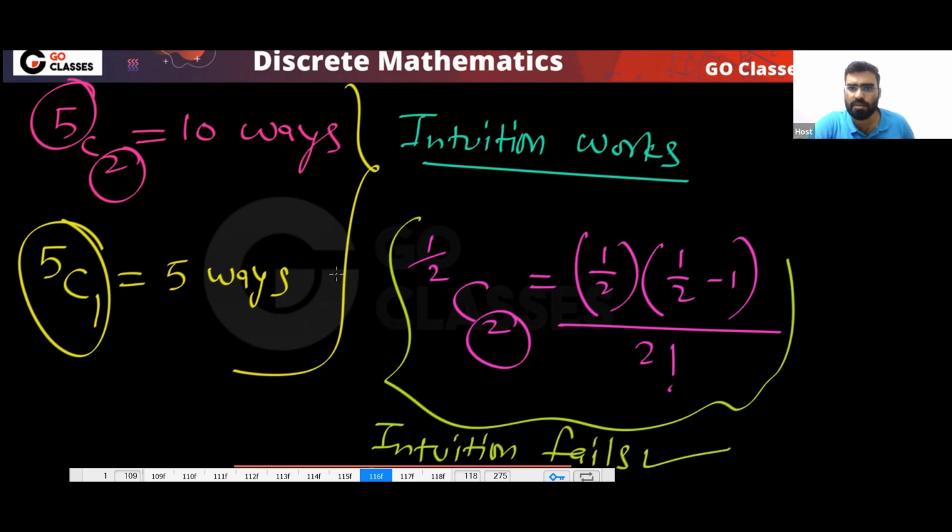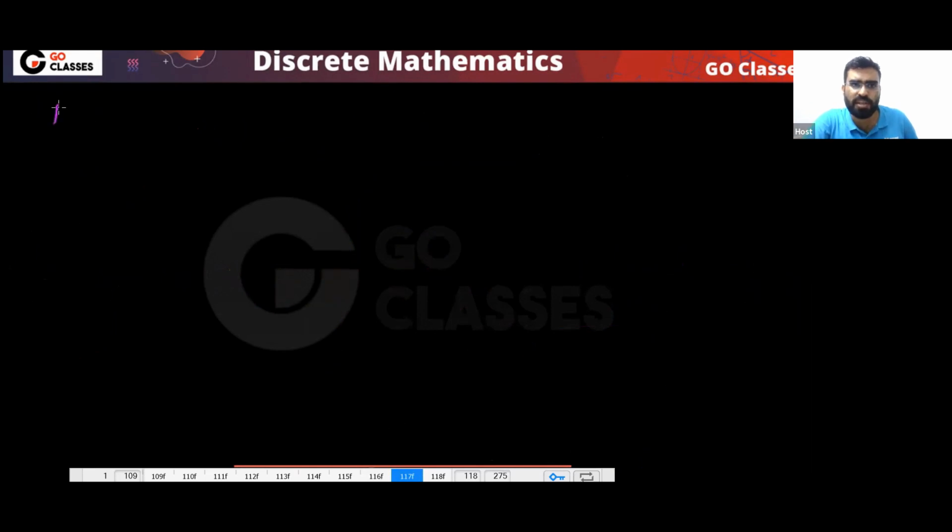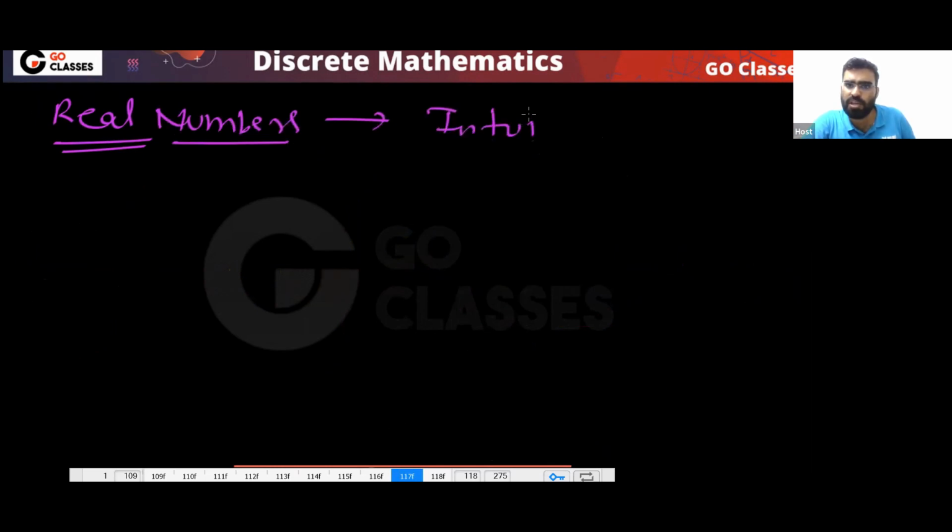Is this clear? So here it is only mathematics. This is pure mathematics, without any intuition. For real numbers, intuition works.